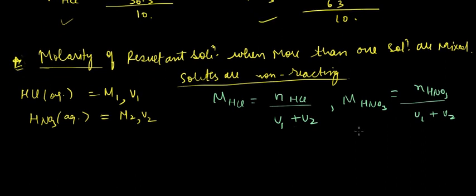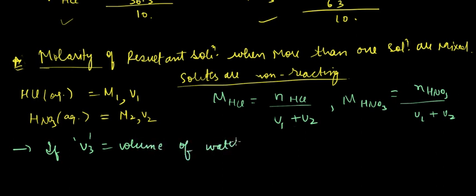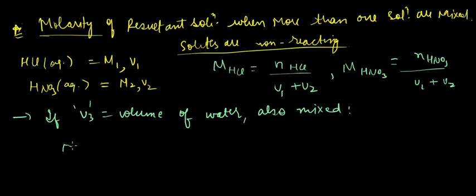If V3 is the volume of water also mixed in the resultant solution, then molarity of HCl will come out to be n of HCl over V1 plus V2 plus V3.